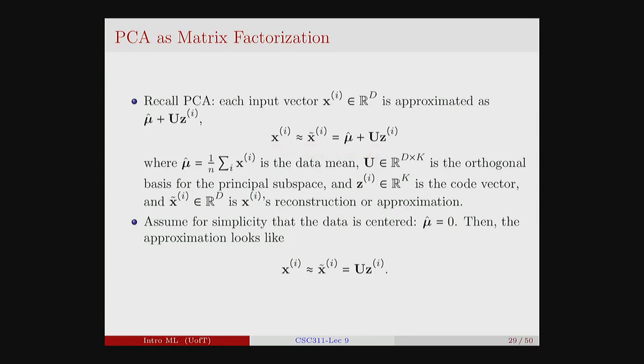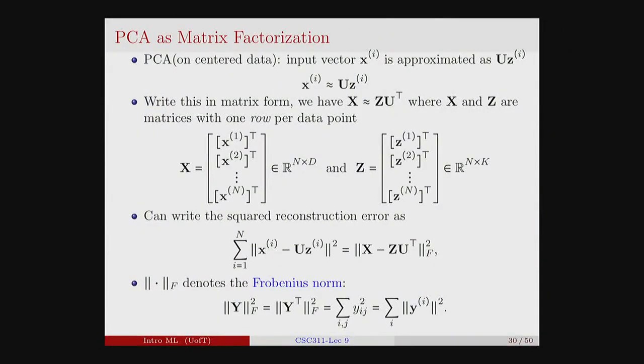U is a d by k orthogonal matrix, and z is the code vector. Let's just, for simplicity, assume that the mean is 0 and the data is centered. And so we can write x_i as U z_i for each data point i. So I've done nothing here. I've just said the data is mean centered, and so each x_i is approximated by U z_i.